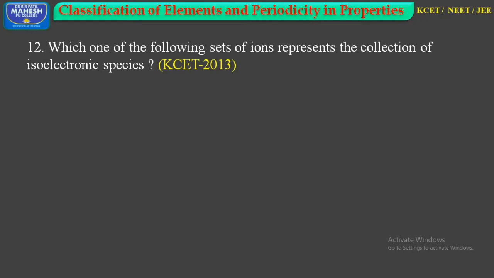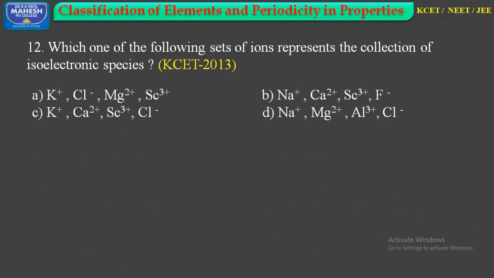Question number 12. Which one of the following sets of ions represents the collection of isoelectronic species? And the options, students, isoelectronic species are those which have the same number of electrons. So electrons within all the given set of ions have to be the same.